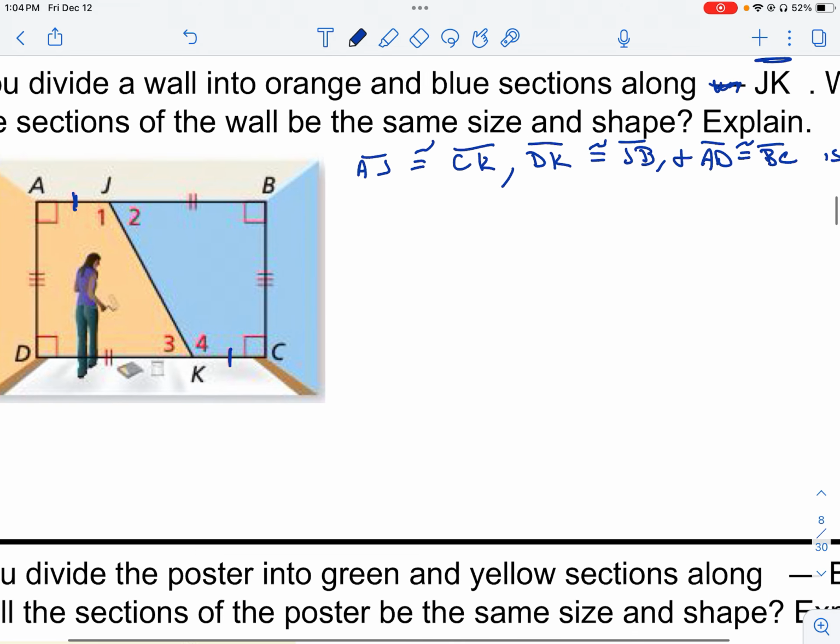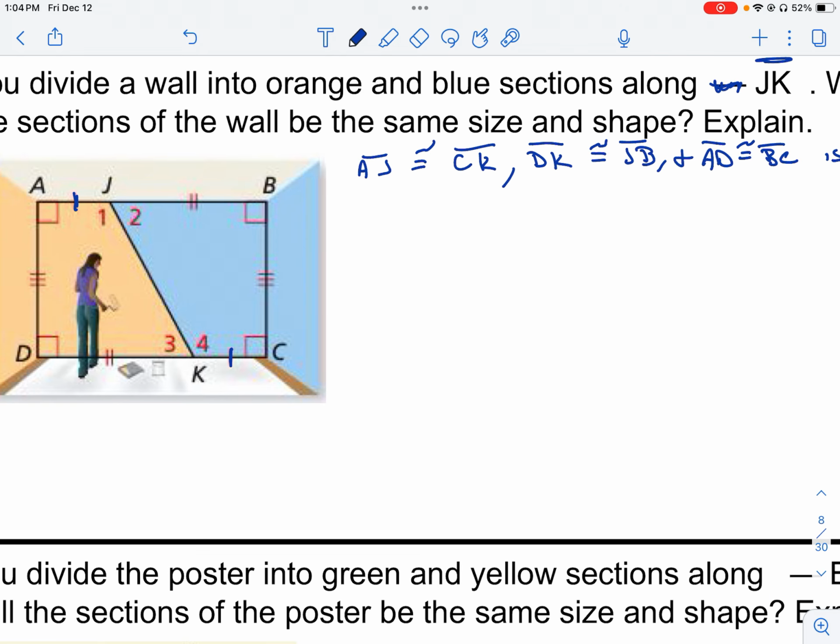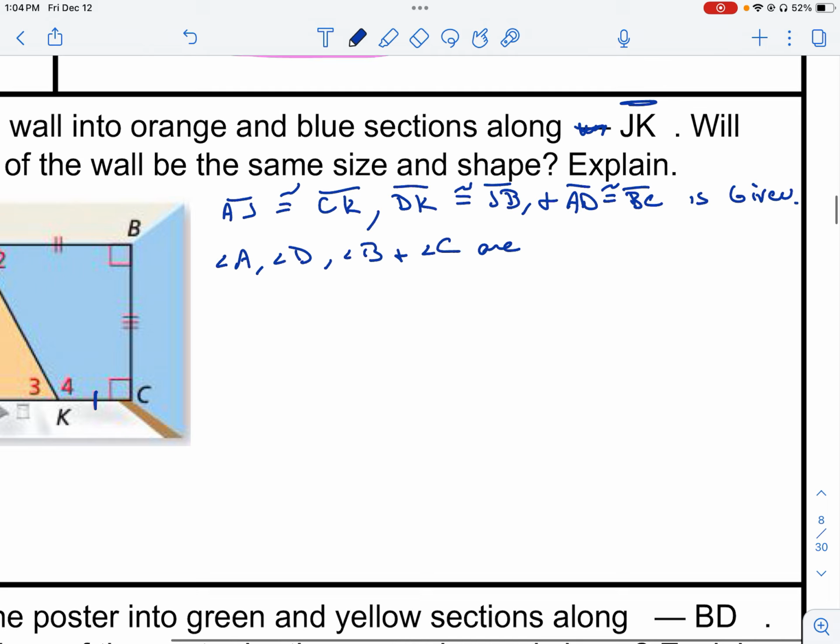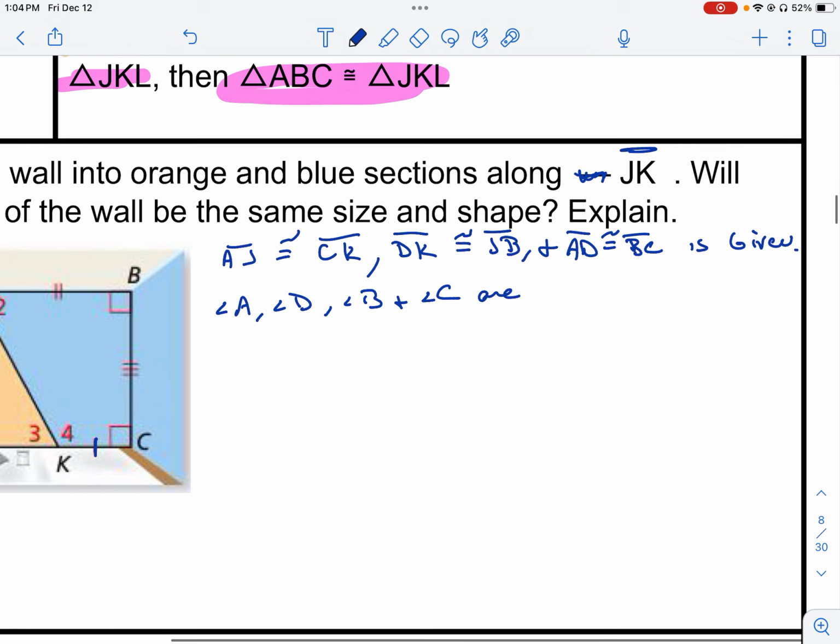It's given. Okay. We know that angle A, angle D, angle B, and angle C are right angles, because that is given.